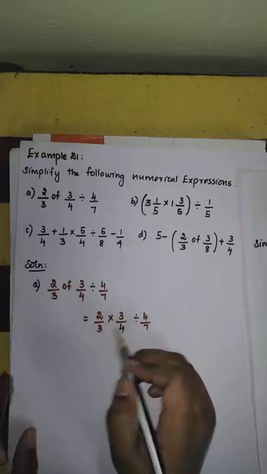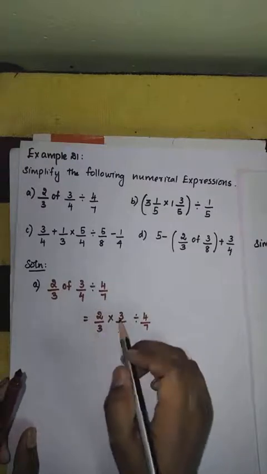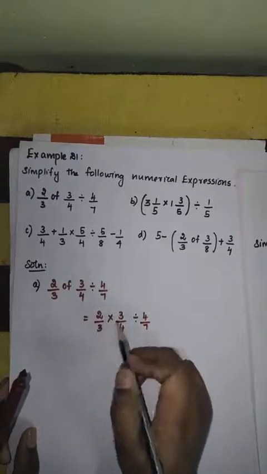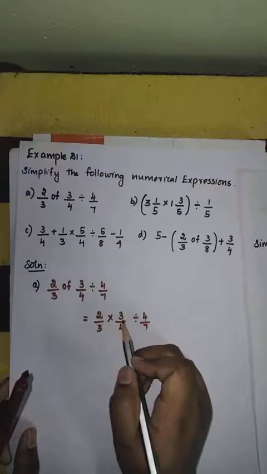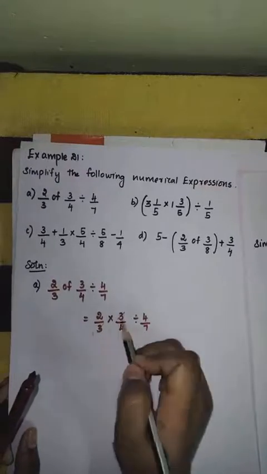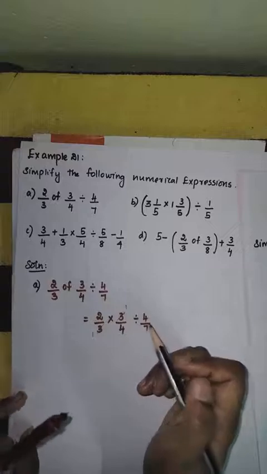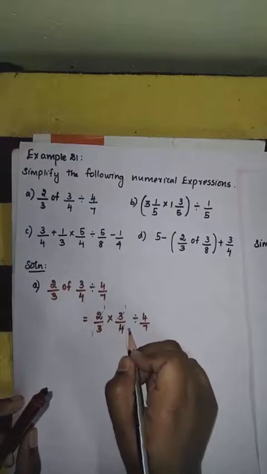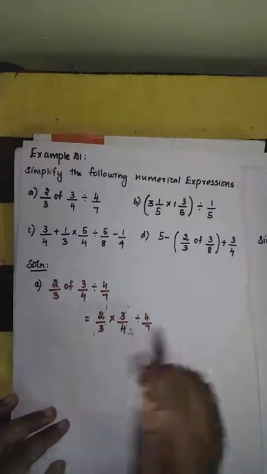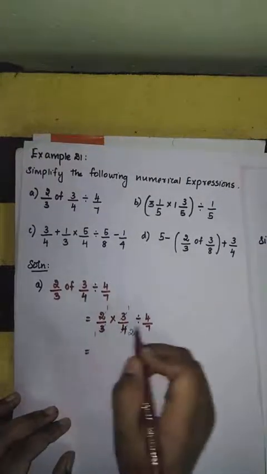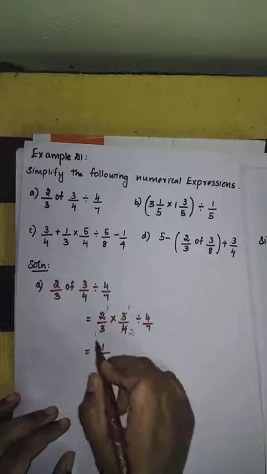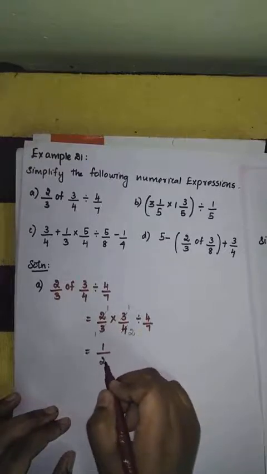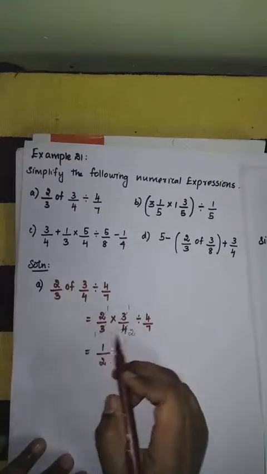Now see whether there are any common factors. We can cancel 3 and 3: 1 times 3 is 3, 1 times 3 is 3. Again we can cancel 2 and 4: 1 times 2 is 2, 2 times 2 is 4. Now multiply the remaining numbers: 1 into 1 is 1, and 1 into 2 is 2.